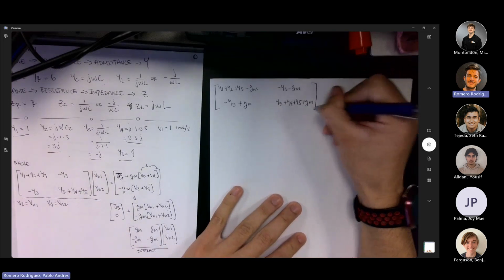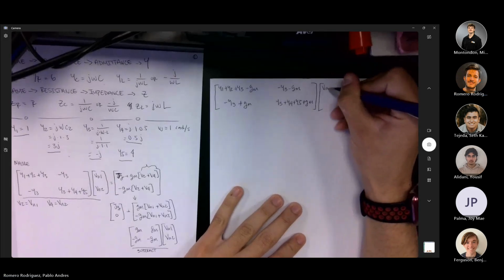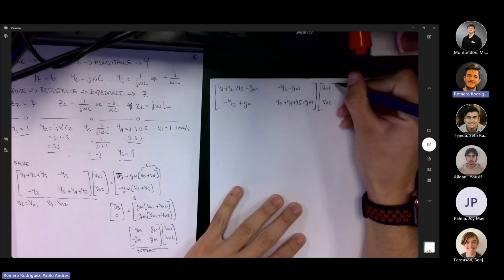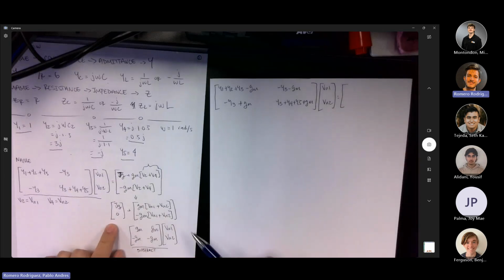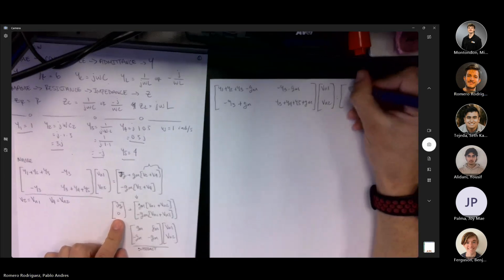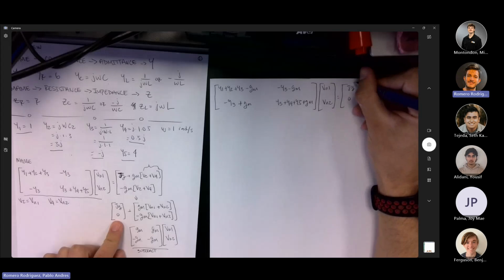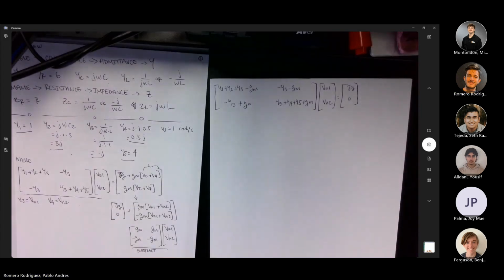All of this is being multiplied by VN1, VN2, and that should be equal to the only thing we left here, which is just JG and 0.